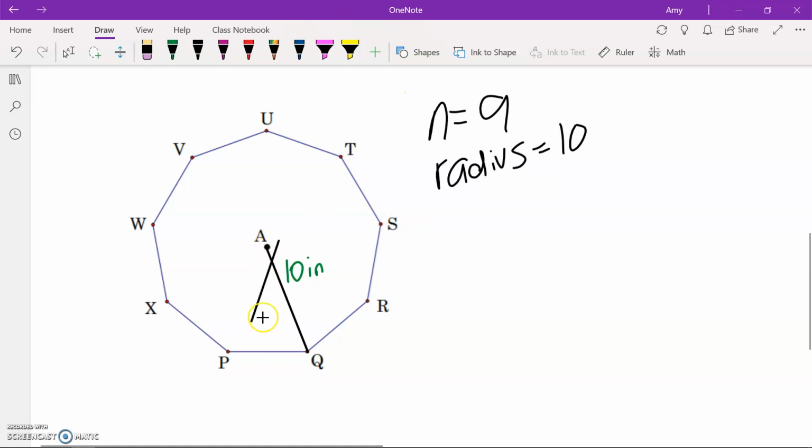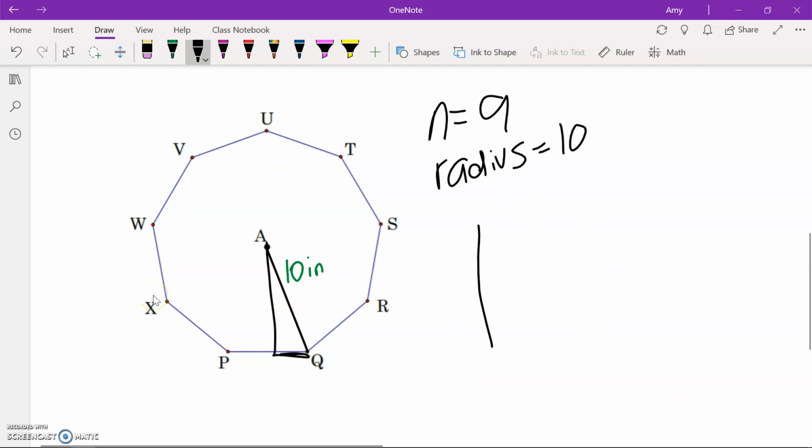And then I know that I can set up my right triangle. It would look something like this. And that's how I'm going to be able to get my apothem and my side length.